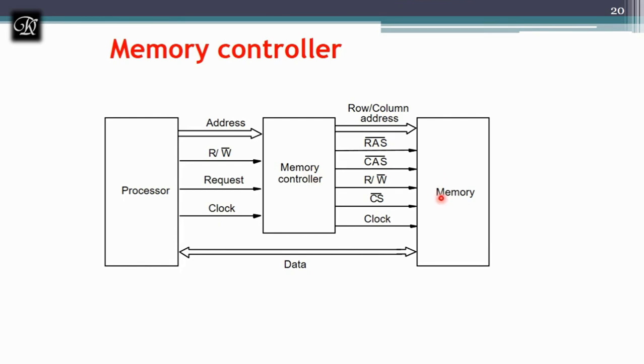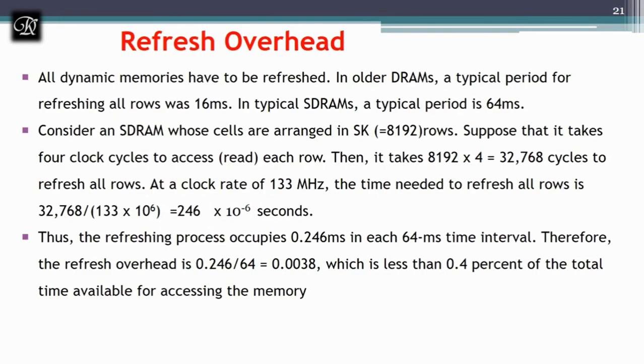Once it is located, it tells what operation, read or write, which chip to select, and what the clock is. Once it has done its task, the memory transfers the data directly to the processor rather than via the memory controller, because it is not required. The memory controller's job is only to locate the respective address on the memory bank.